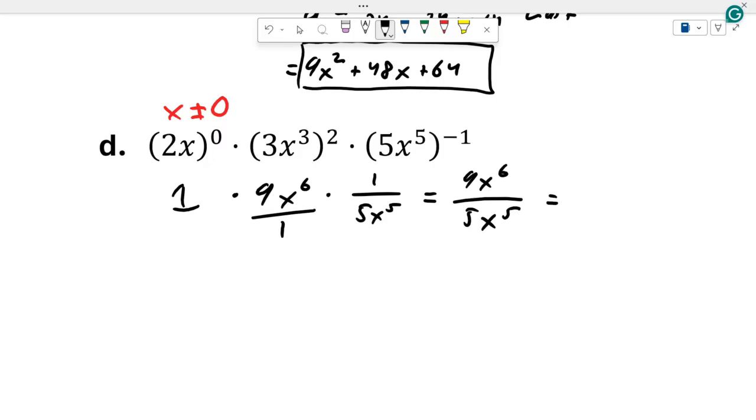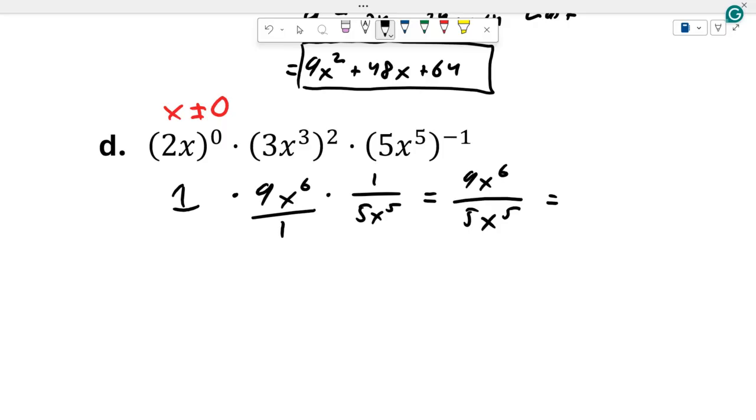We are almost done. We've got a 9 and a 5. And again, just like part C, I want to ask myself, what's the GCF of 9 and 5? Well, they're what are called mutually prime, in that they don't have any factors in common other than 1. 5 is prime, and 9 you can only rewrite as 3 times 3, and 3 doesn't go into 5.